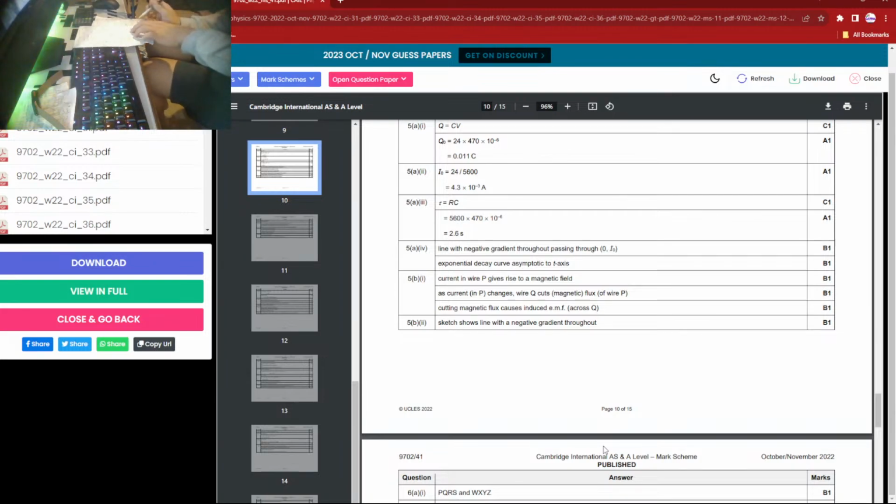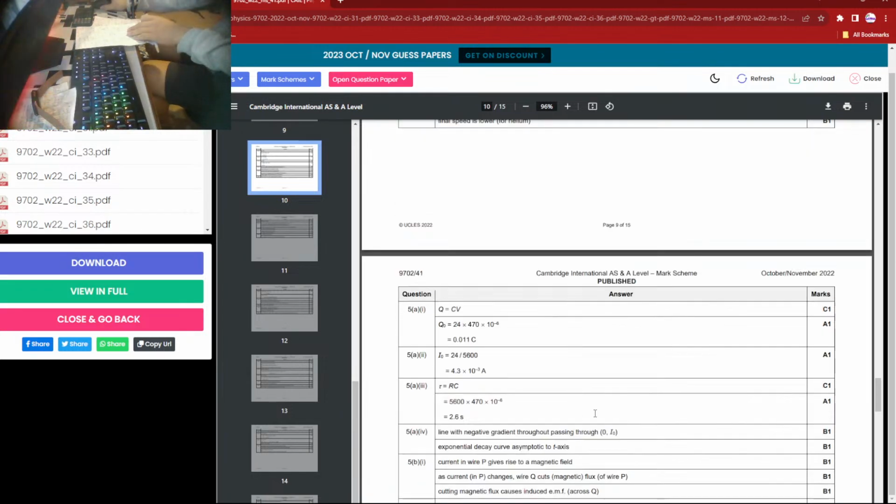Exponential decay curve asymptotic to the t-axis. Okay, I did say that. 2.6 time constant. That's correct. Number 2, 4.3 times that. Okay, 0.11, 0.11. Okay, correct.